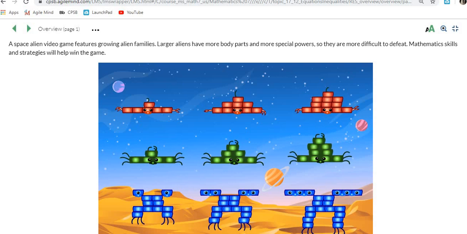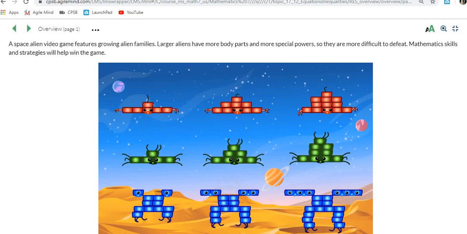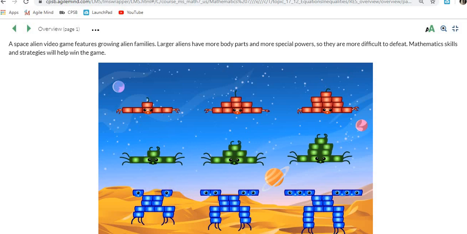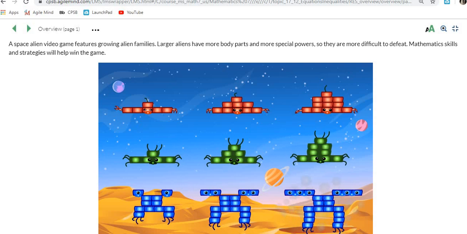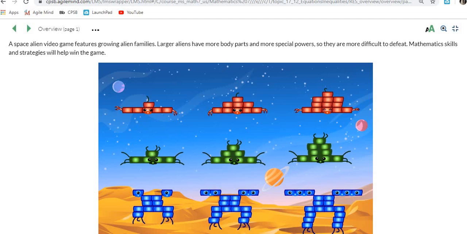And it says a space alien video game features growing alien families. Larger aliens have more body parts and more special powers, so they are more difficult to defeat. Mathematical skills and strategies will help you win the game. So here are some different creatures that we're going to be looking at this unit.